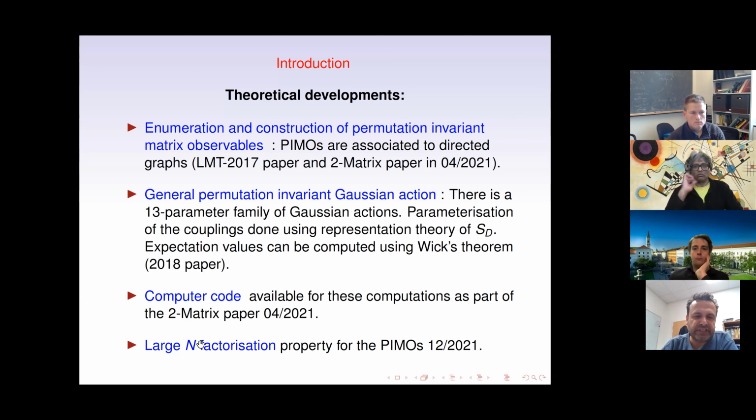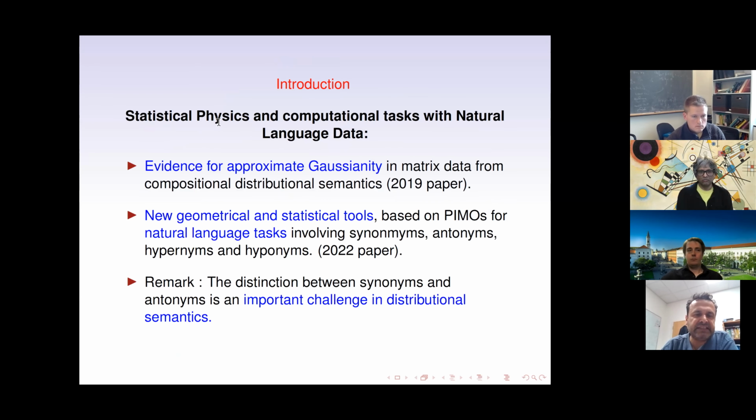Recently we have looked at a large N factorization property for these observables. On the applied side, there is statistical physics, and there are computational tasks associated with natural language data. On the statistical physics side, we have looked at approximate Gaussianity. This was the focus of the first paper and the 2019 paper.